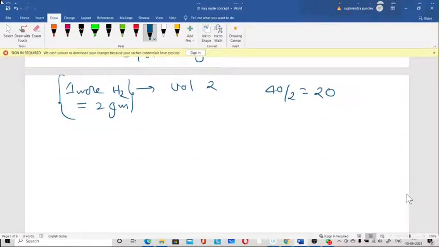Now you can do the questions from the module. Whatever is given in the module, you can do that. If you have any doubt, the answers are given there too. So solve all the questions in the module.